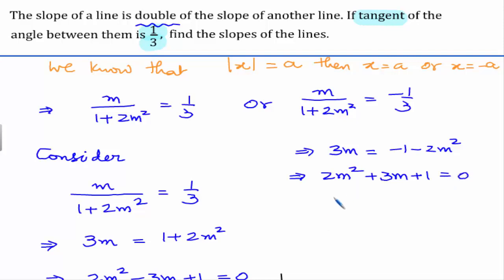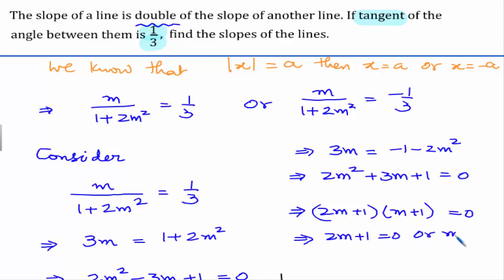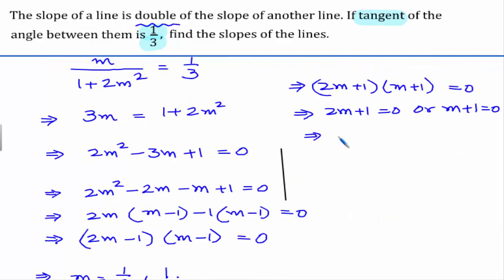If we simplify this, we get (2m + 1)(m + 1) is equal to 0. That will give us 2m + 1 is 0, or m + 1 is 0. So here we get m as -1/2, or m is -1.